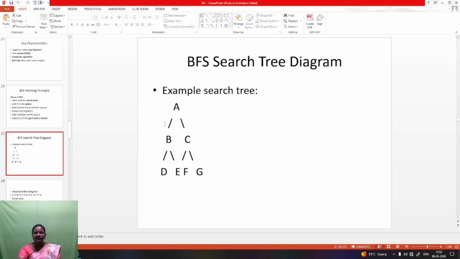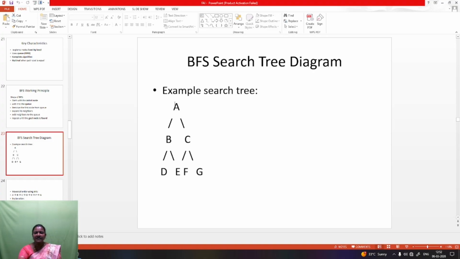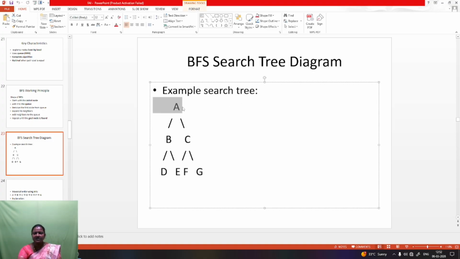Then B and C are entered in the queue. Now the children of B and C are visited. That is, here we have to visit the nodes D, E, F, G. Here this is level 0, B and C are in level 1, and D, E, F, G are in level 2.